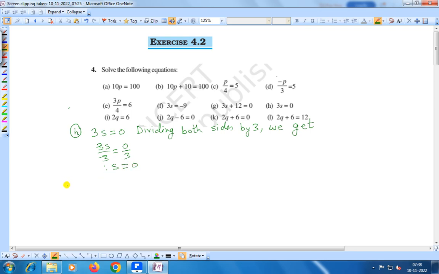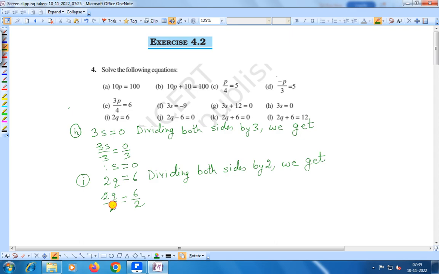Now, question number I. I is 2q is equal to 6. Dividing both sides by 2, we get 2q by 2 is equal to 6 by 2.